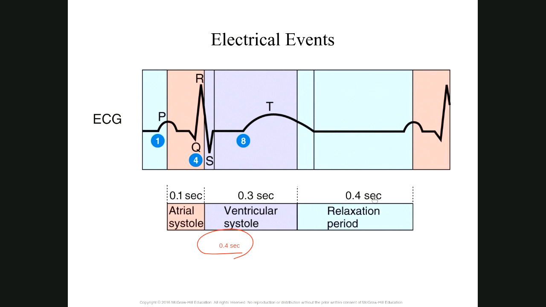So contraction and relaxation of atria and ventricle happen in 0.4, and for 0.4 seconds, our heart is in relaxation mode completely. And then the other heartbeat starts.